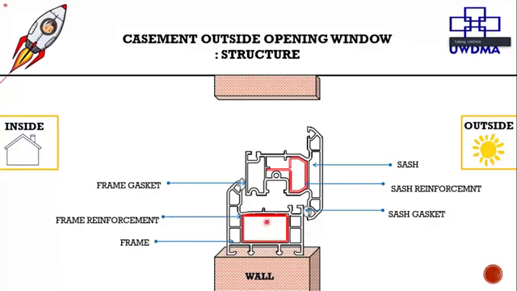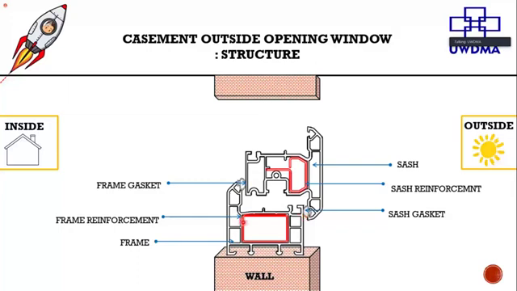So these are those two gaskets, one here in the frame and one here in the sash. When this sash locks completely, it gives you perfect sealing because nothing could enter from here till here. So these are the two gaskets which give 100% sealing to your casement windows.